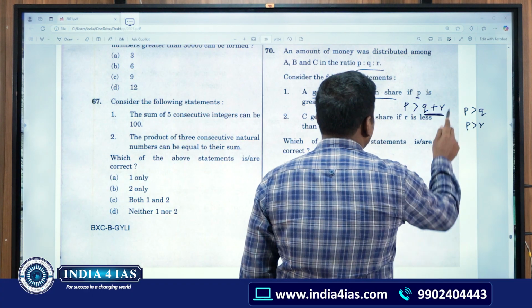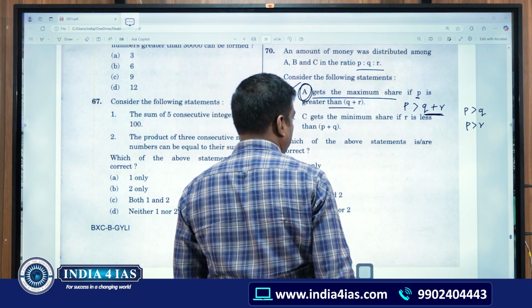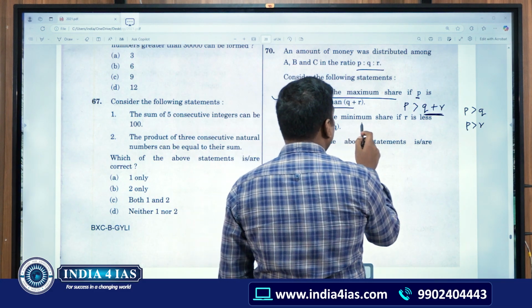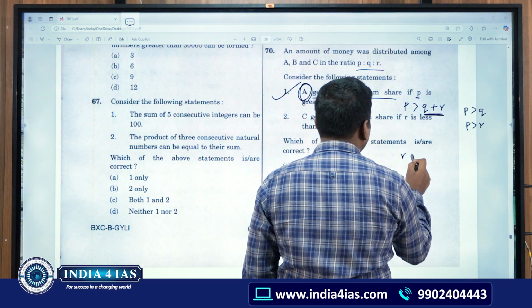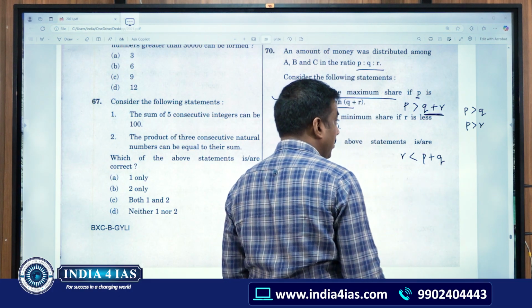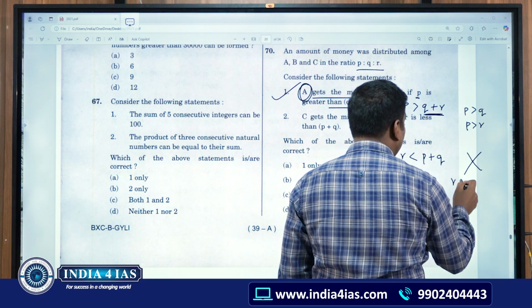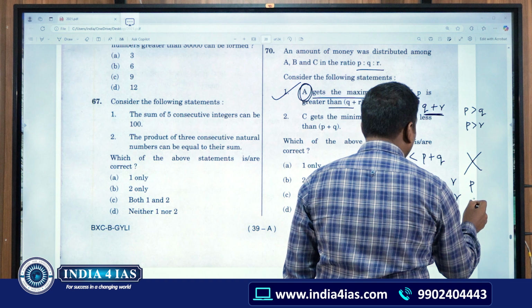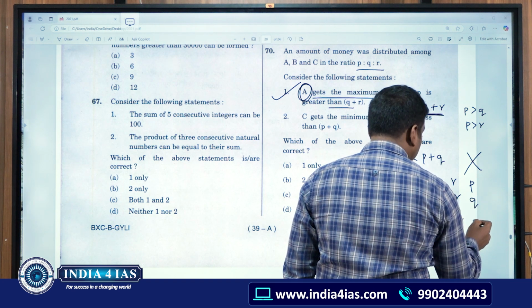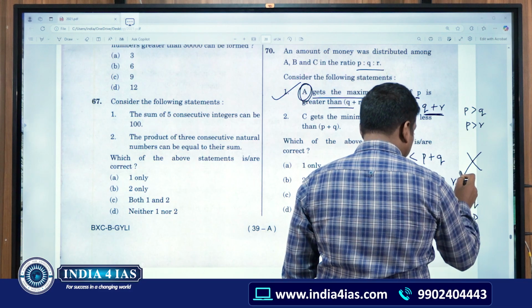Yes, we say P has the maximum share, so A has the maximum share. But in this case, C gets the minimum share if R is less than P plus Q. Here we cannot make any relation between R and P, R and Q, or Q and P. We cannot make any relation, either greater or lesser.